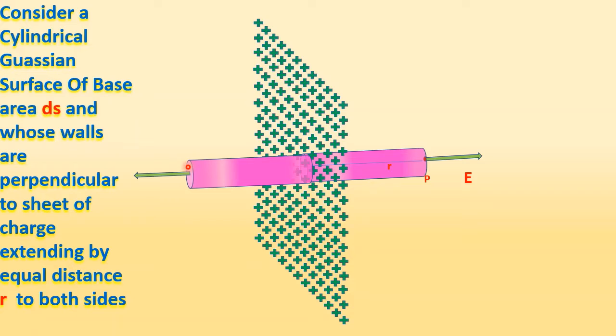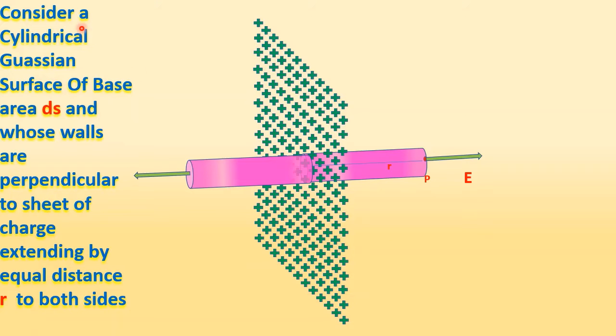The base surface has an area ds and its wall passes through the charge sheet. One of the base areas includes that point P, where the electric field intensity is to be determined. This surface extends to both sides equally.